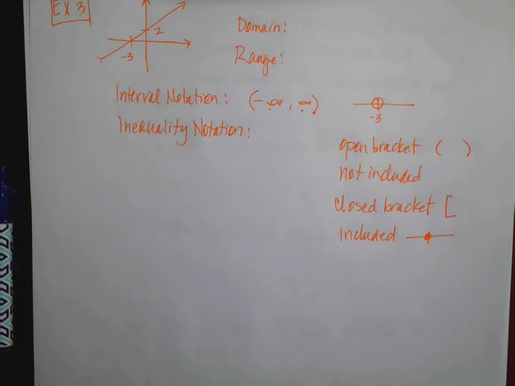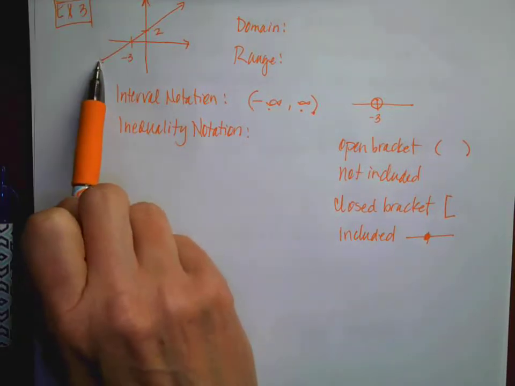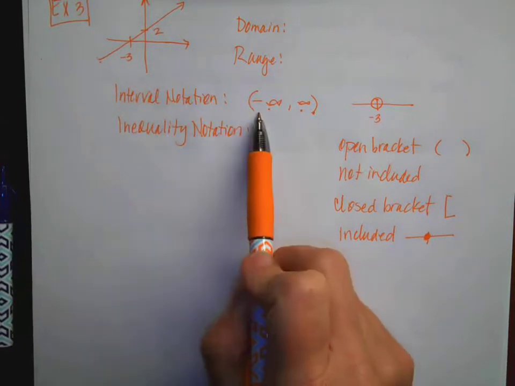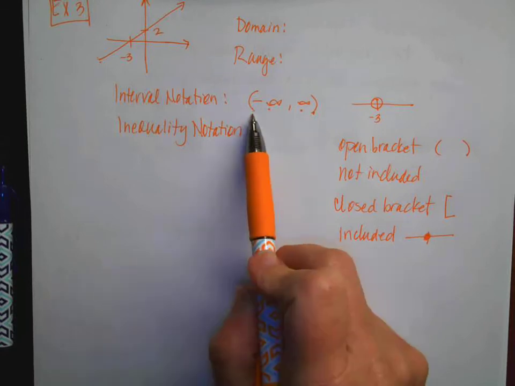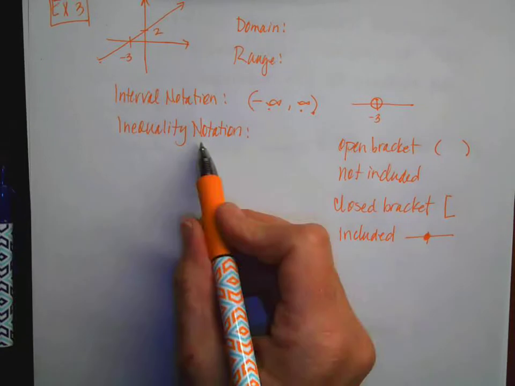Okay? Alrighty. So in this particular case, this graph continued forever and ever to the left, forever and ever to the right. It is not my job to put a boundary on infinity. We can't put a boundary on infinity, therefore it is open brackets, which means it's not included.